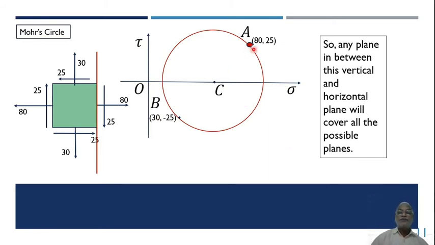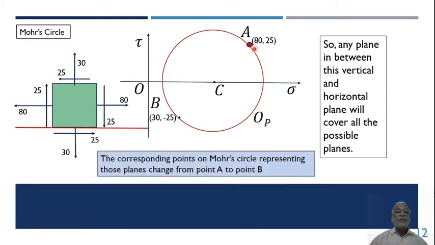This point is representing, here I have written the corresponding points in the Mohr circle representing these planes, which change from point A to point B. Here it comes from there to there. All the planes will be either here, there or somewhere in between A and B, this way. So those are the points.